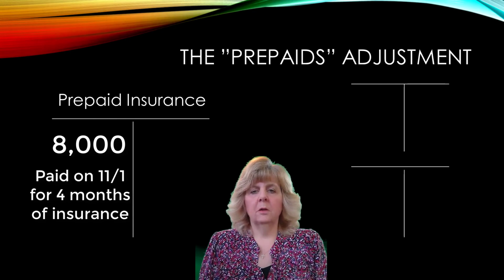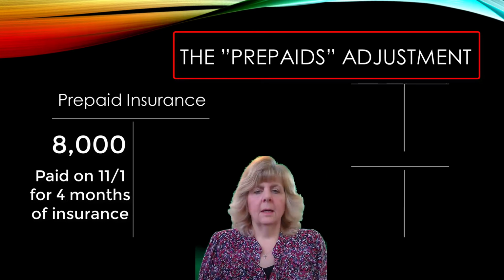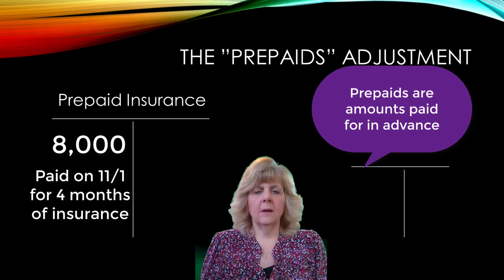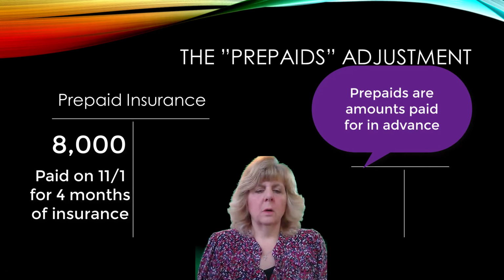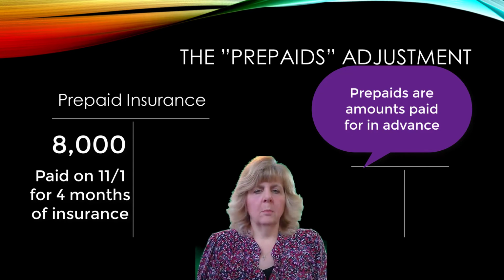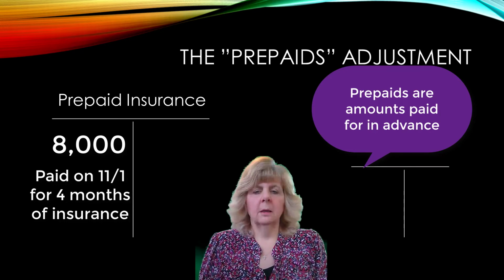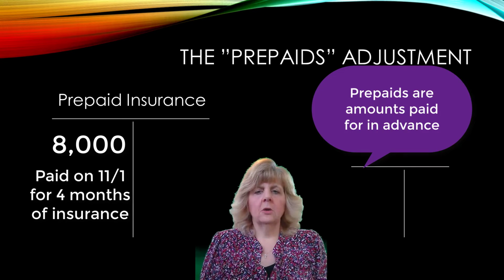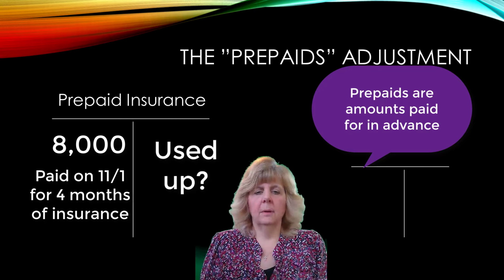Let's move on to the Prepaids Adjustment. The prepaid account is an asset that holds amounts that are paid for in advance. In this example, let's assume we paid 4 months of insurance up front on November 1st. The purpose of the adjustment, just like it was on the supplies adjustment, is to determine the amount of the cost used up.